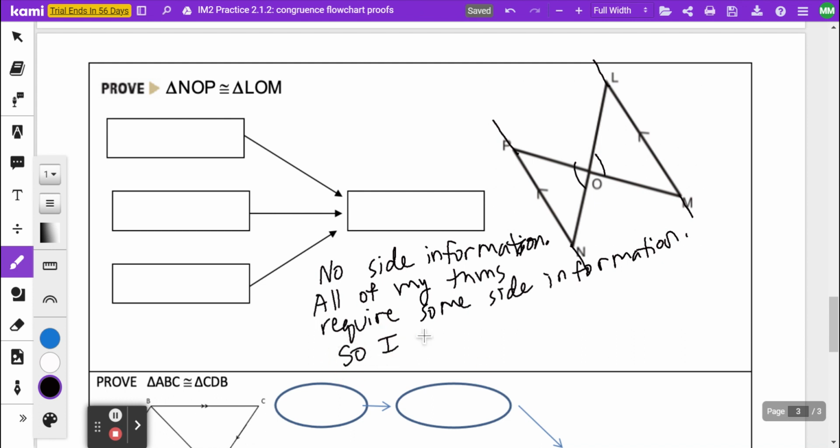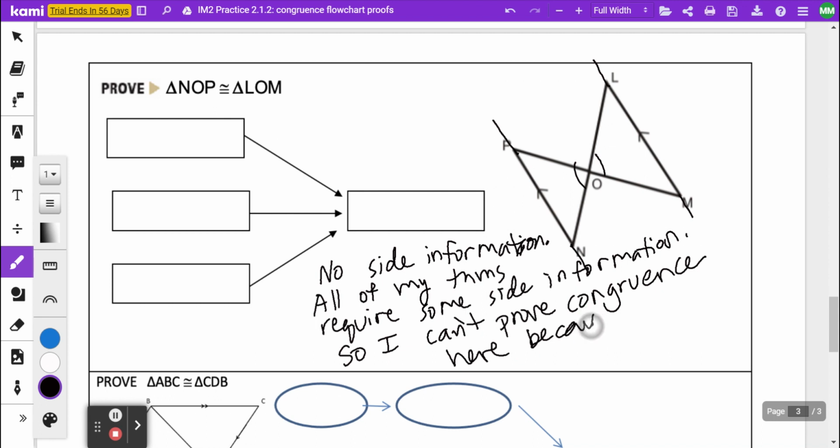So I can't prove congruence here because none of my theorems are satisfied.